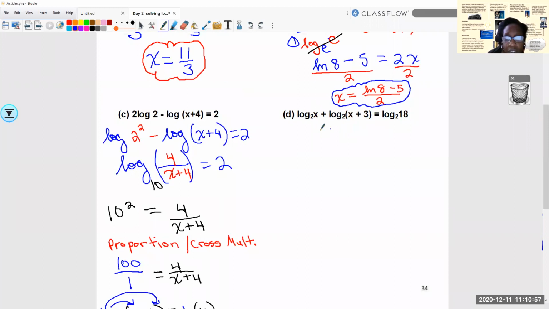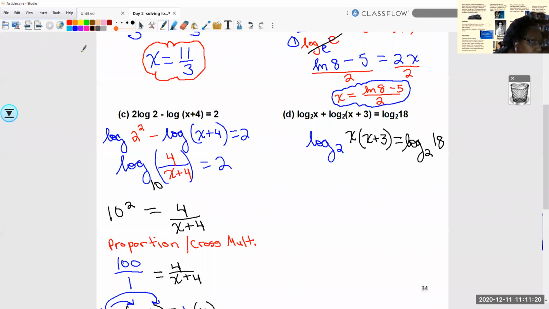All right, D is, again, analyzing a product property. So it's going to look like this. Consolidate your log base 2. And then you're going to multiply x times x plus 3 equals log base 2 of 18. All right, we talked about this.